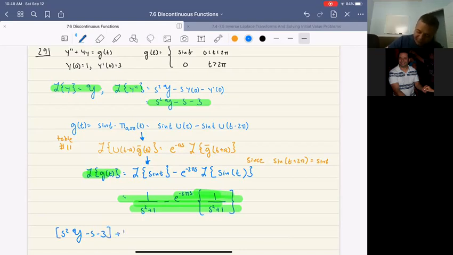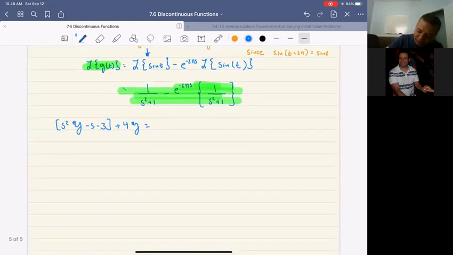Plus 4 times y has to equal 1 over s squared plus 1 minus e to the negative 2 pi s times 1 over s squared plus 1. Okay, so far so good, right?